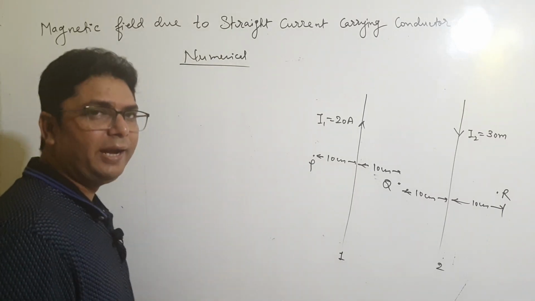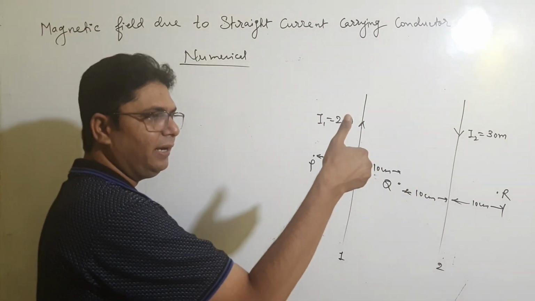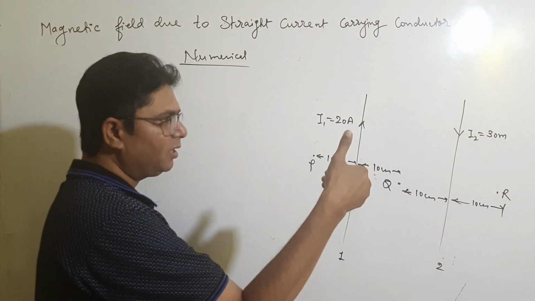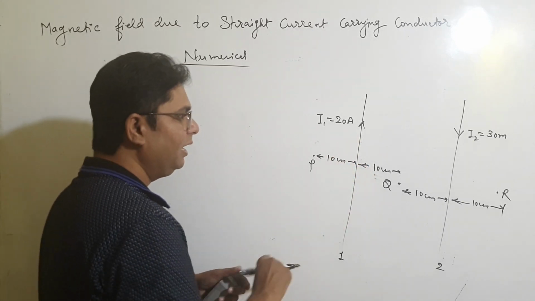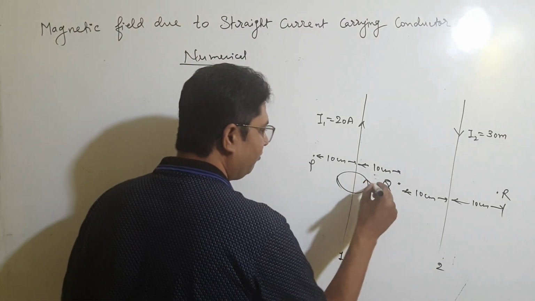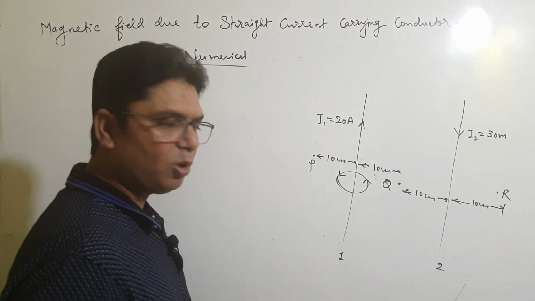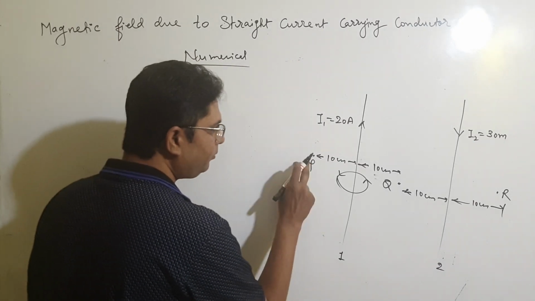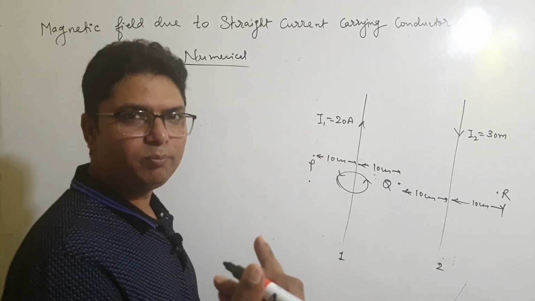According to the right hand grip rule, if I hold this current carrying wire with my right hand, then my thumb will indicate the direction of current and the grip indicates the direction of magnetic field, and here it is clear that the magnetic field will move anti-clockwise. So at point P, the magnetic field is coming outward from the board.